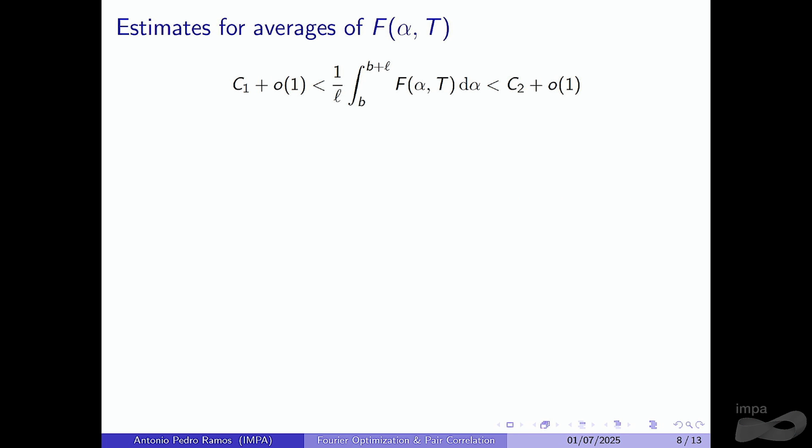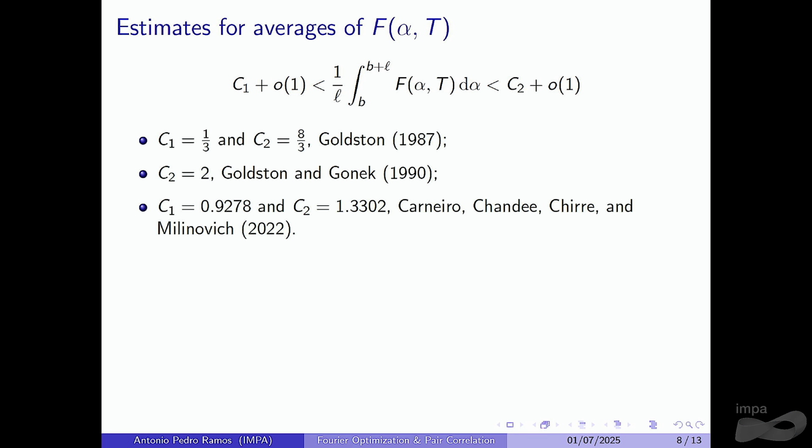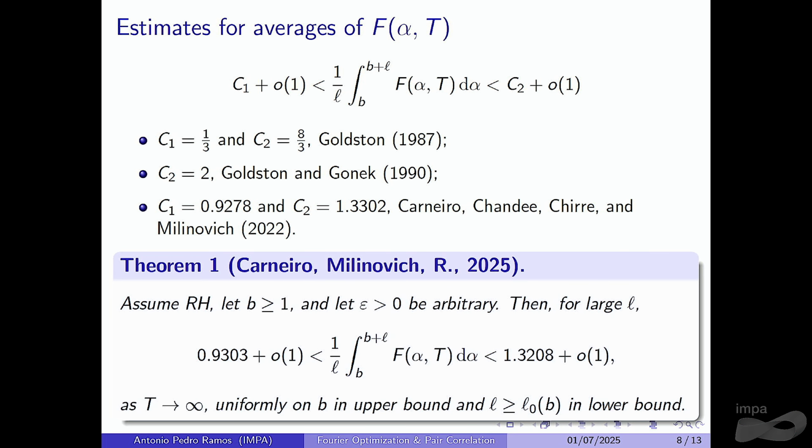Some work has been done on this, first by Goldston himself, who found a lower bound of 1/3 and an upper bound of 8/3. The upper bound of 2 is due to Goldston and Gonek. The previous best bounds were due to Carneiro, Chandee, Chirre, and Milinovich, which gave a lower bound of 0.9278 and an upper bound of 1.3302. Together with Emanuel and Micah Milinovich, we managed to improve the lower bound to 0.9303 and the upper bound to 1.3208.